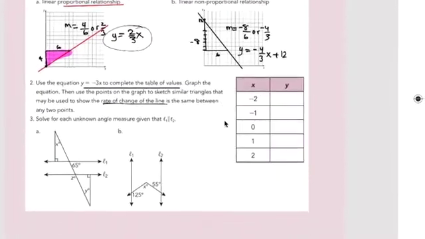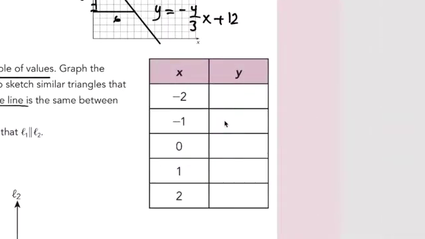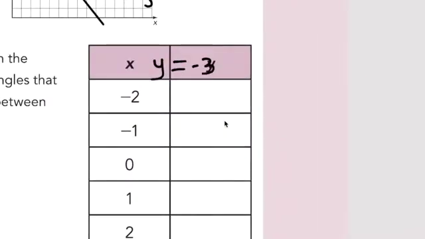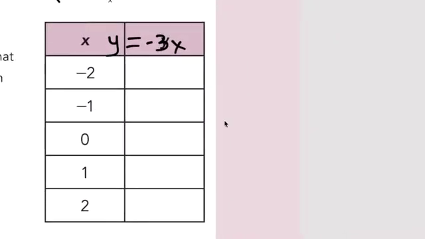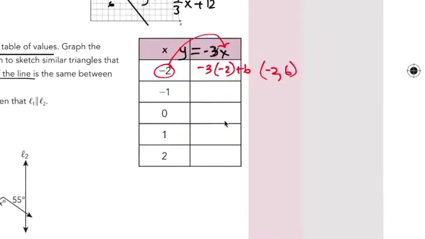Okay, so after you put this in, the equation y is equal to negative 3x, right? Find the answer and graph it. So you substitute in negative 2 for x. So this is negative 3 times negative 2. Go positive 6.